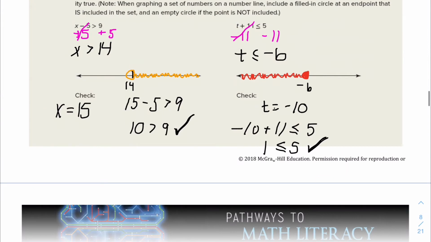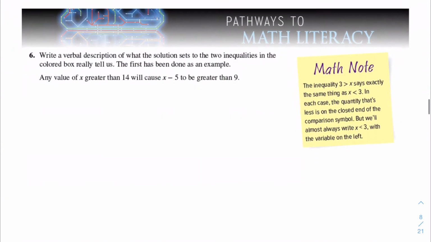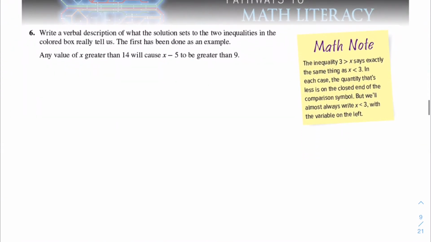Right? So these are some really nice tools that we can use. So let's keep working with it. We're going to write a verbal description of what each solution set to the two inequalities actually tells us.